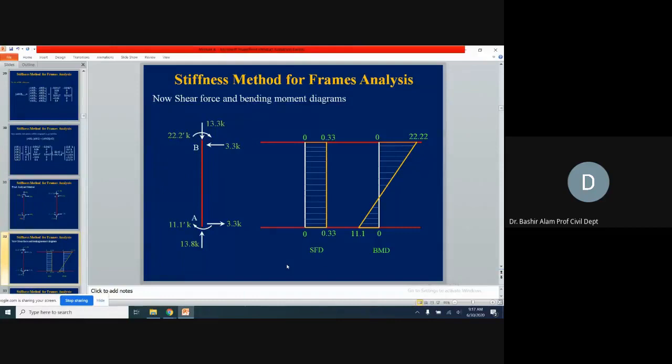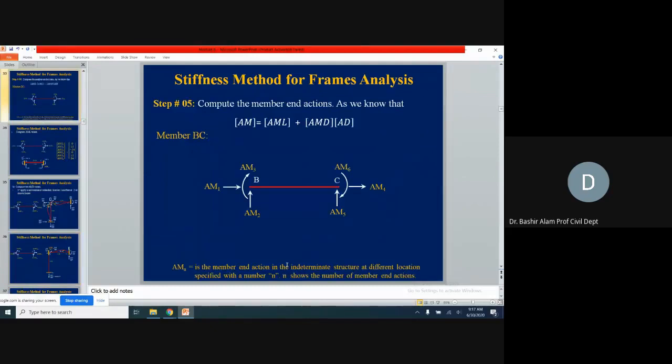The same process we are going to repeat for member BC also. So let's go to member BC now. Here, now you see the member end actions designations now. B, let's say it is the starting end, and C, it is the ending end now. So horizontal AM1, again, if you see rightward, upward, and clockwise, we are taking positive, these member end actions.